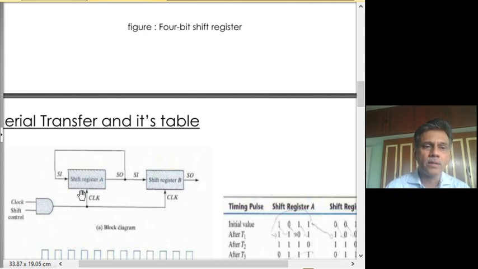So we want these 4 bits to be shifted to this B shift register, while at the same time the content of the A register should not be altered.